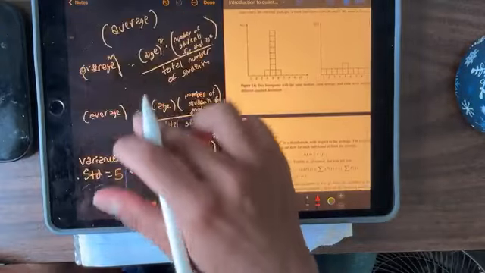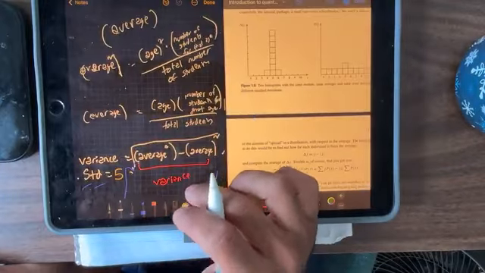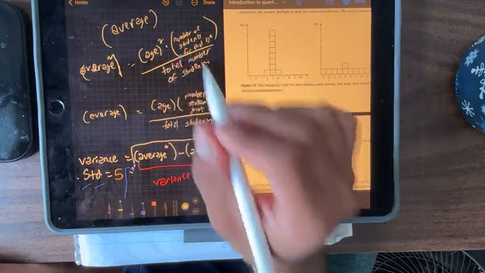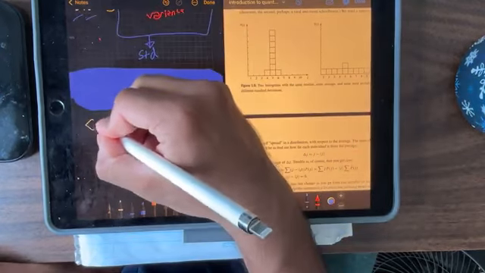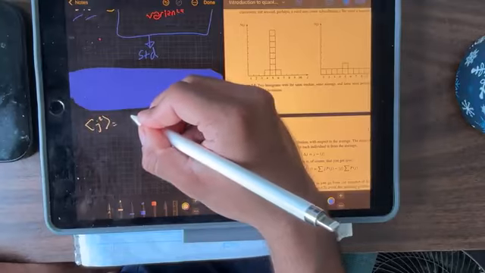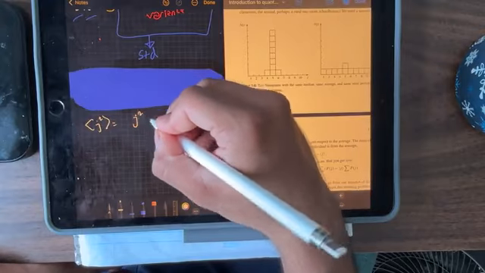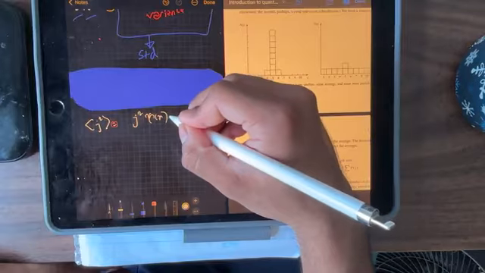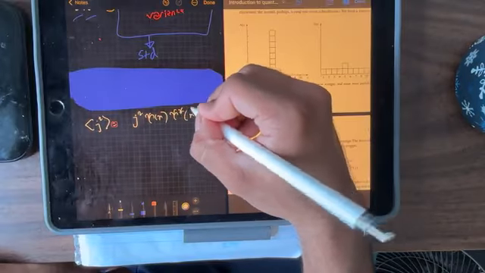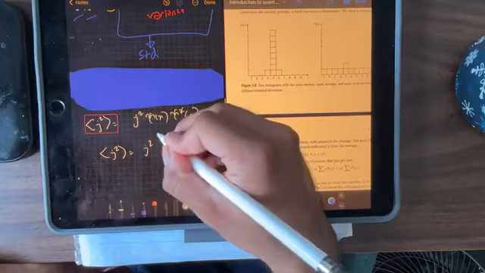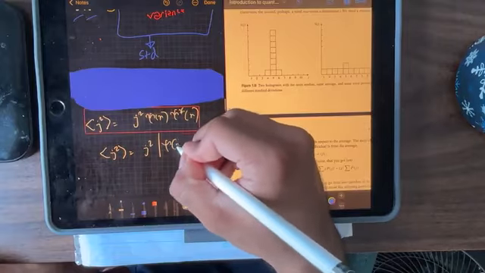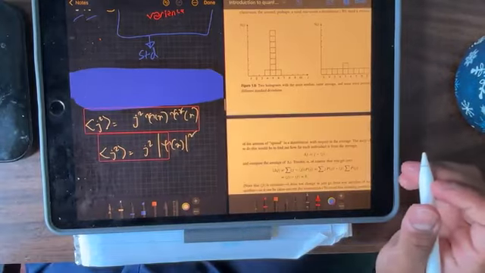Instead of doing this calculation, age squared times number of students for that age divided by total number of students, you'd have j square is equal to j square psi of x psi conjugate of x, or j square is equal to j square psi of x whole square.